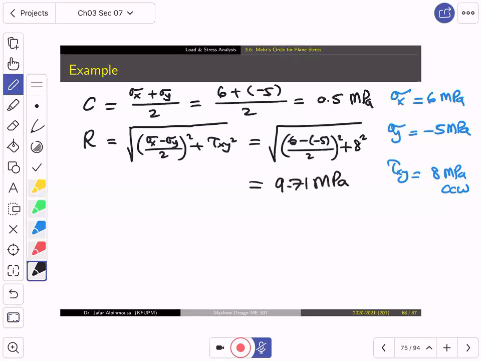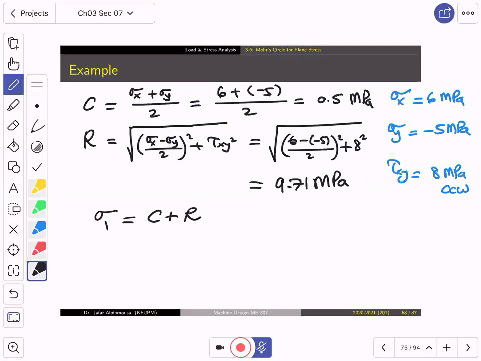Good. Now what are we going to do? In short, you have not drawn the circle yet. Notice, guys, sigma 1 is in fact the center plus the radius.